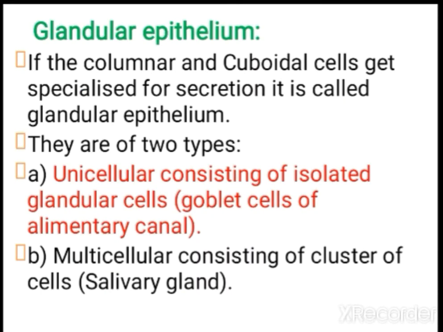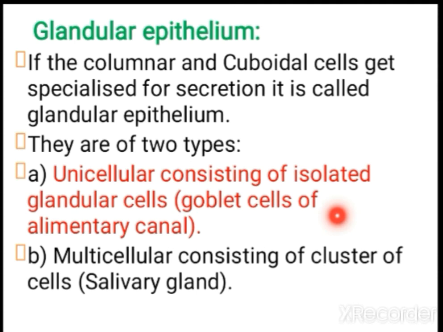Then the glandular epithelium. When the epithelium is producing some secretion, you call that glandular epithelium. The columnar or cuboidal cells get specialized and produce the secretion. Then you call that glandular epithelium. Glandular epithelium is of two types. It can be unicellular or multicellular.